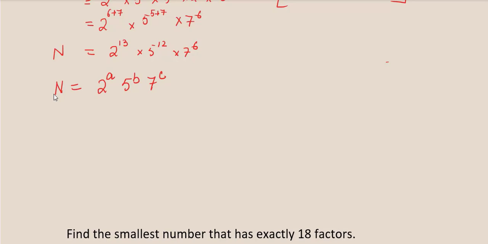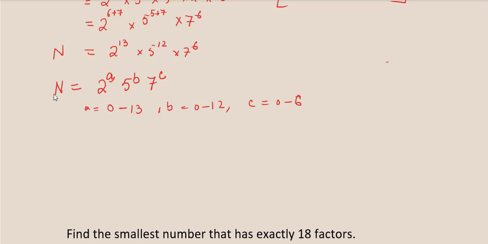Okay, so the important thing is how many values a can take. A can take values ranging from 0 to 13, b can take values ranging from 0 to 12, and c can take values ranging from 0 to 6.